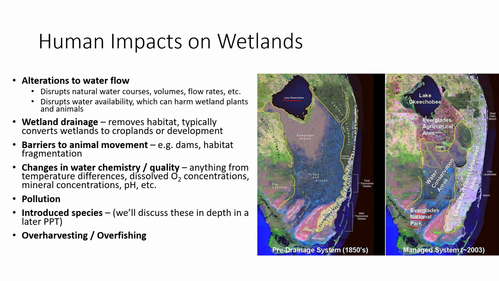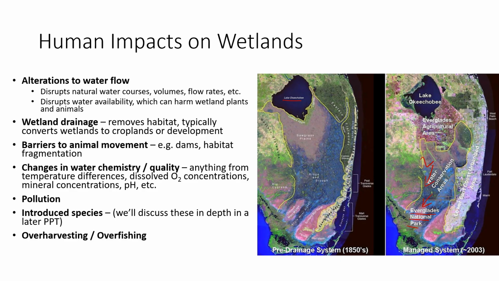Okay. Barriers to animal movement, so dams, habitat fragmentation, changes in water chemistry and quality. All of the agricultural runoff from this area is going somewhere, and it is following the natural course of that water and potentially getting into the Everglades.